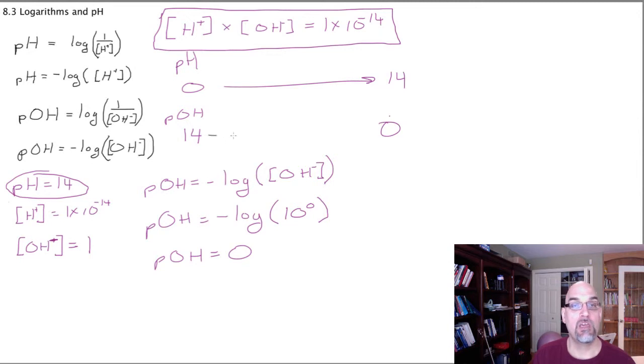So this pOH scale is just the opposite of the pH scale.